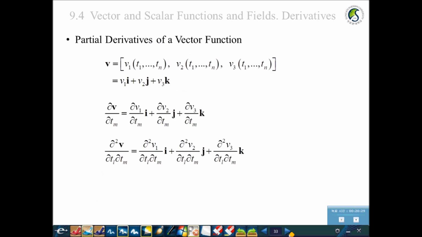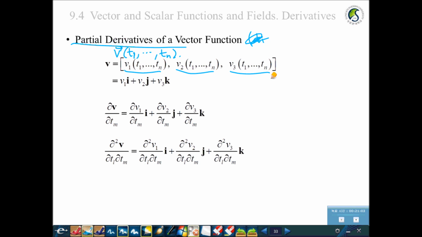And since the total derivative has been defined, we can define the partial derivative of a vector function that is a function of t. V is a function of t1 through tn. Let's assume that we have n different variables for vector V, and each component is a function of n variables.